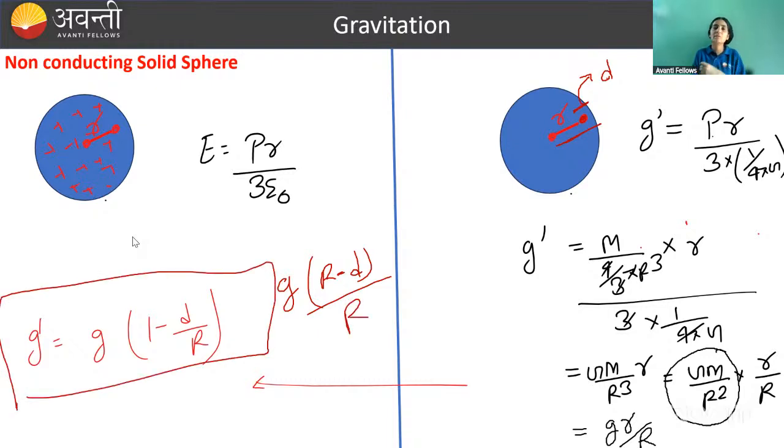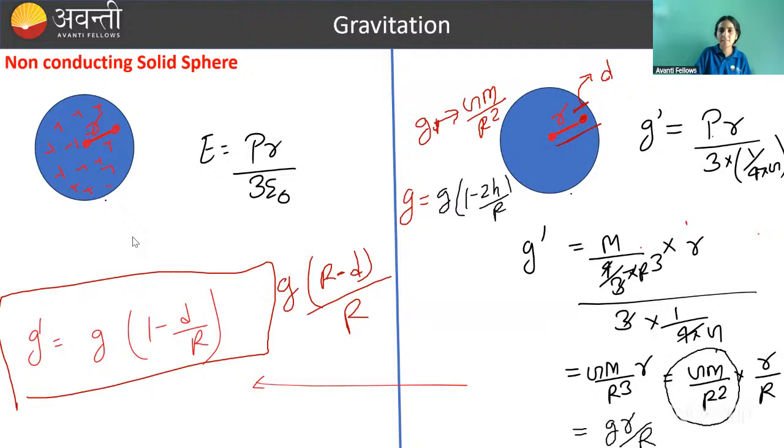So if I talk about gravitational field, on the surface of Earth g is equal to GM by R square. Outside the surface at any height h, g is equal to, let's remember the formula properly, g1 minus 2h by R. This is true when h is far less than capital R, and if it is not less, then write the simple formula GM by (R plus h) whole square.